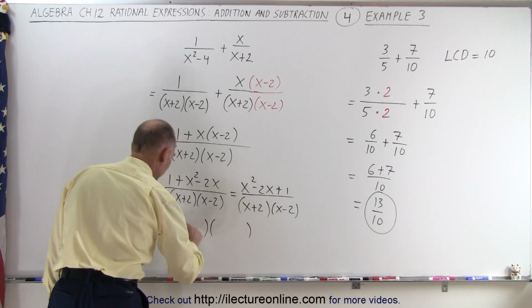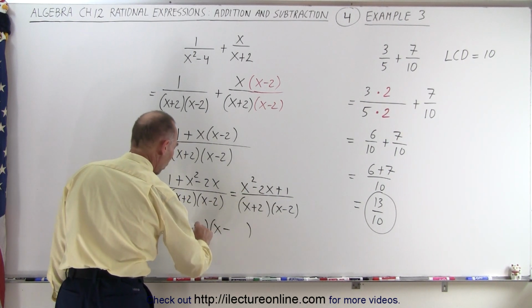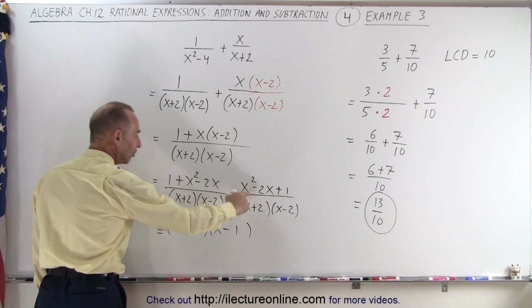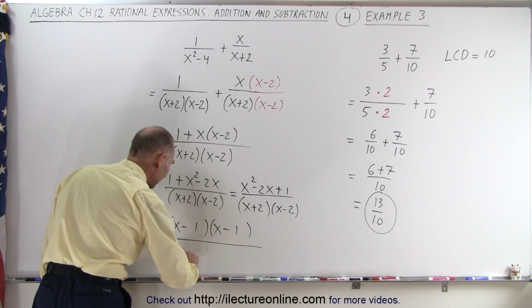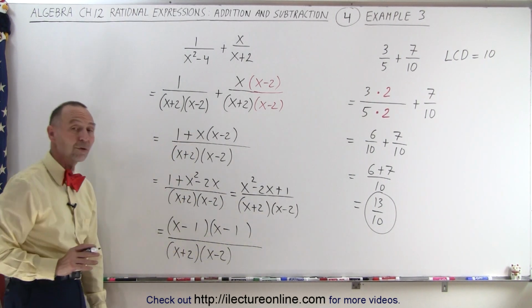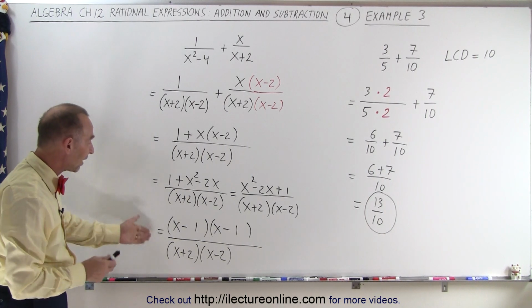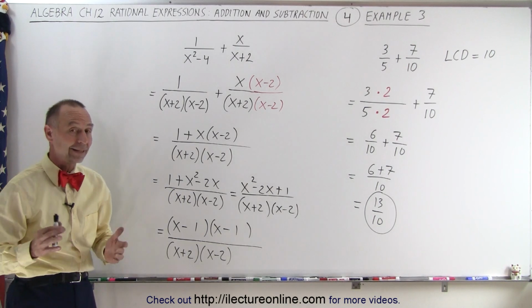It will probably look like an x and an x, I need to have two negative signs, a 1 and a 1, and sure enough, this factors into this form, but unfortunately, we cannot simplify it any more than what we have right here, but at least it's in the most factored form, and that would be the final simplified form of our original problem. And that is how it's done.